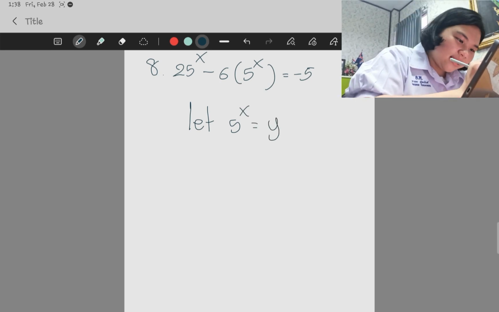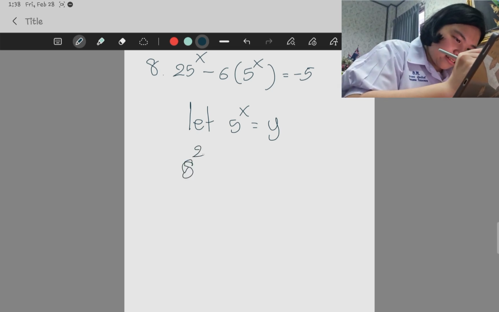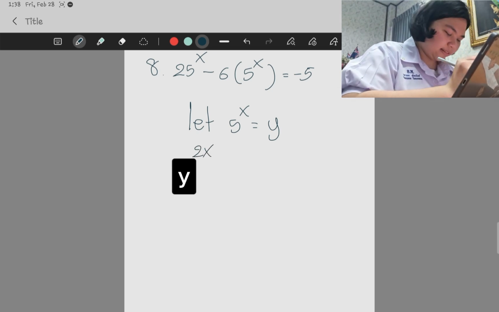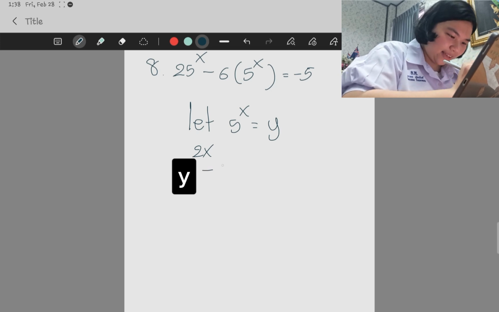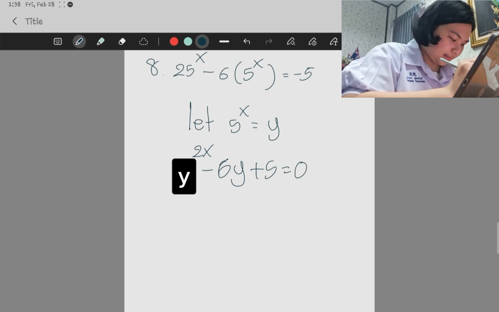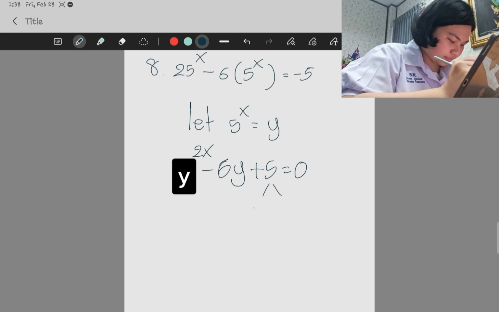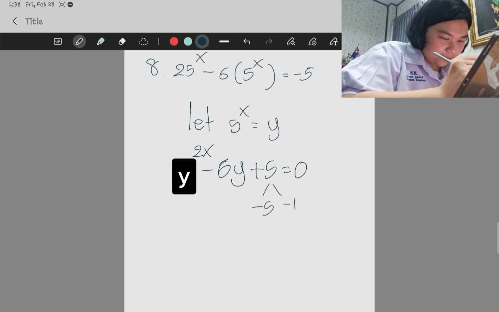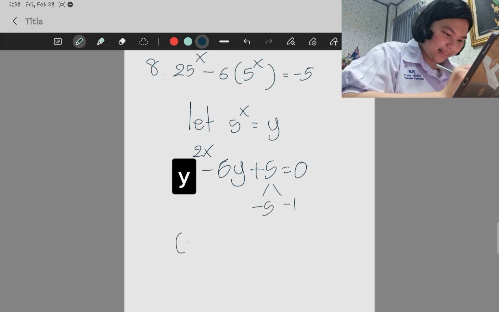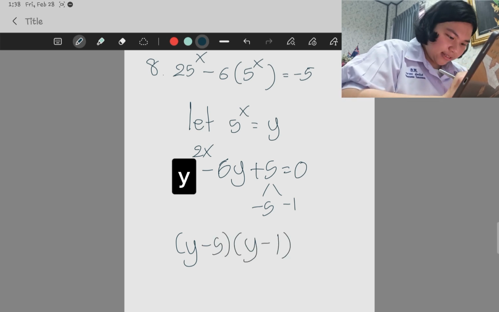So I will change the 25^x into 5 to the power of 2x, so y squared minus 6y plus 5 equals 0. And then we will factor out the number 5. So it's negative 5 and negative 1. So we'll rewrite the equation as y minus 5 times y minus 1.